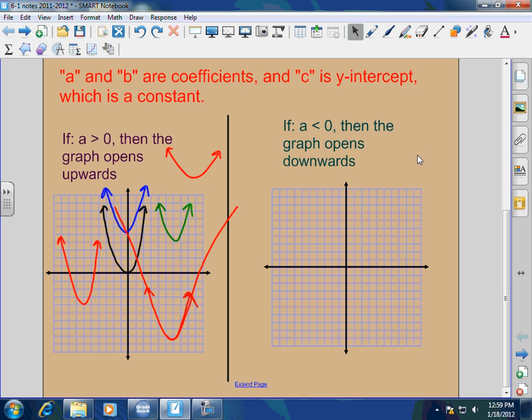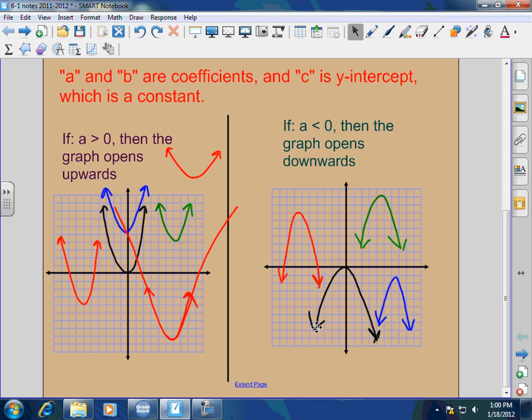Okay, sorry about that. If A is less than 0, then the graph opens downwards. So we're looking at a graph that's going to look like this, or one over here that's pointing down, or one over here.